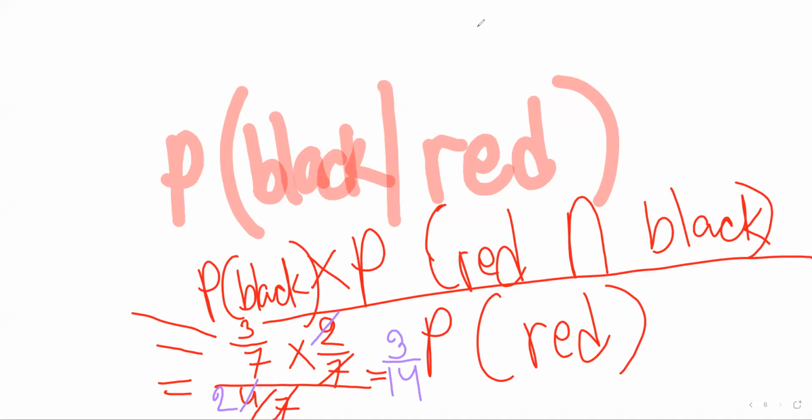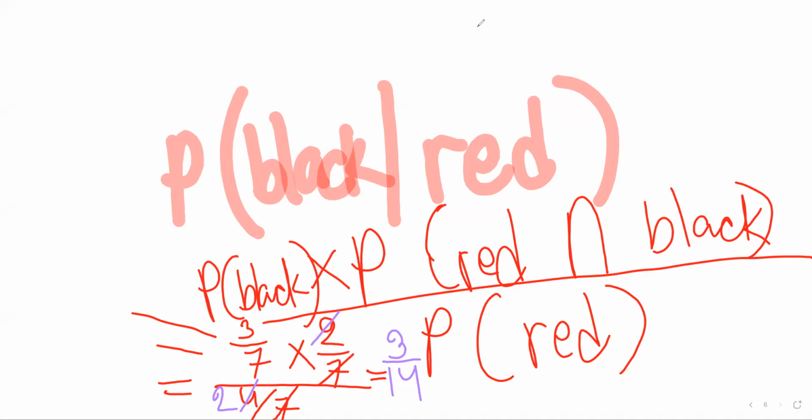This was the probability of, given that a red marble has already been taken in the first attempt, and you are to find the probability of getting a black marble in the second attempt, right?